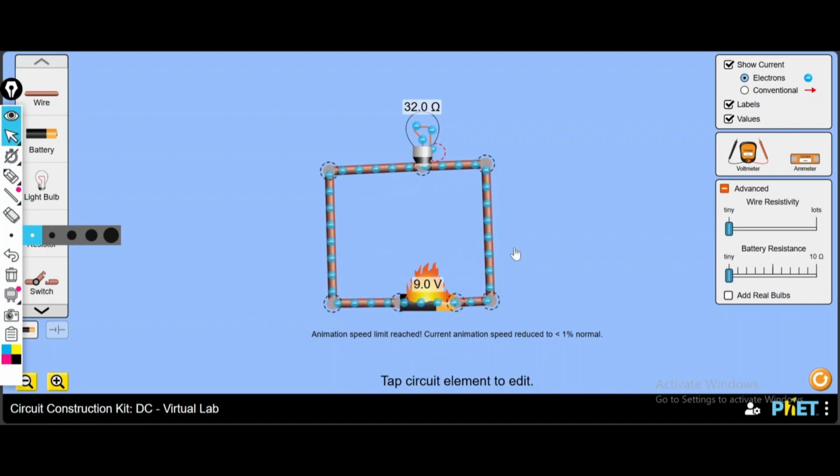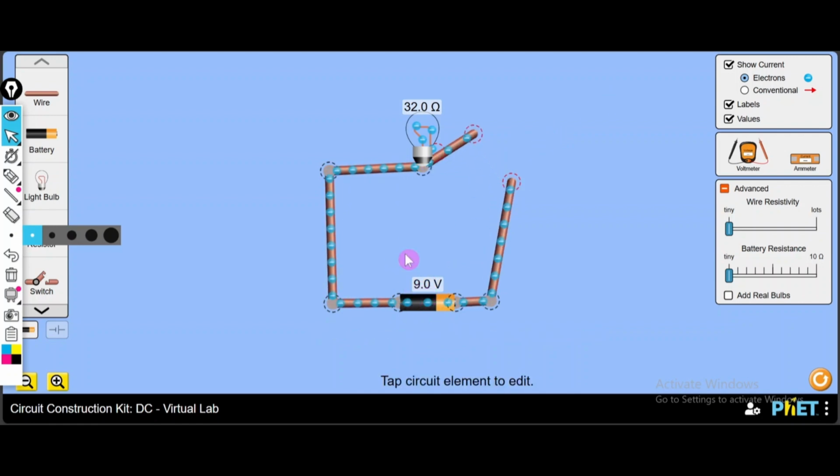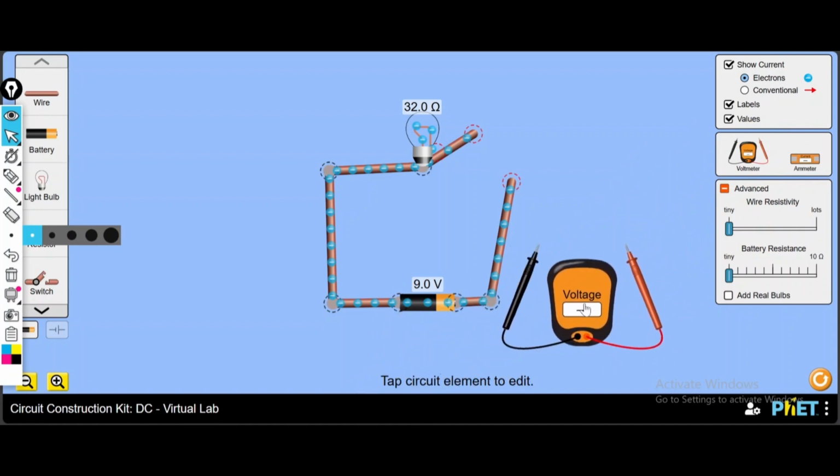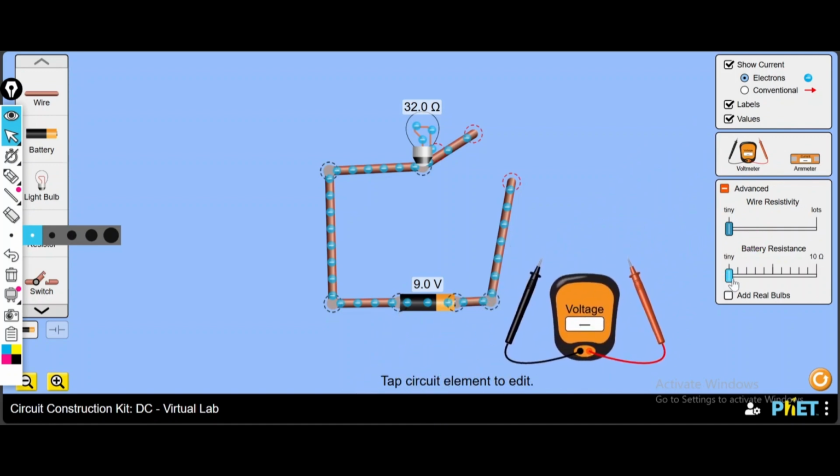So in the last step, what I'm going to do is cut this. Now this circuit is open. In this case, I am taking this voltmeter, and similarly, I take the internal resistance. So this battery will have an internal resistance of 5 ohm, and its own voltage is 9 volt.